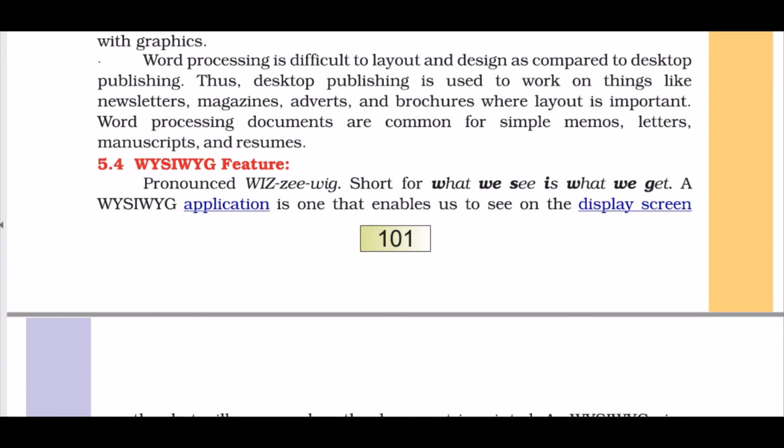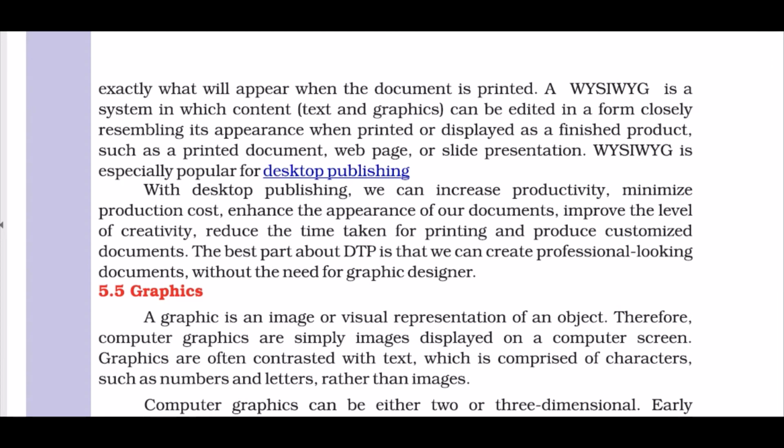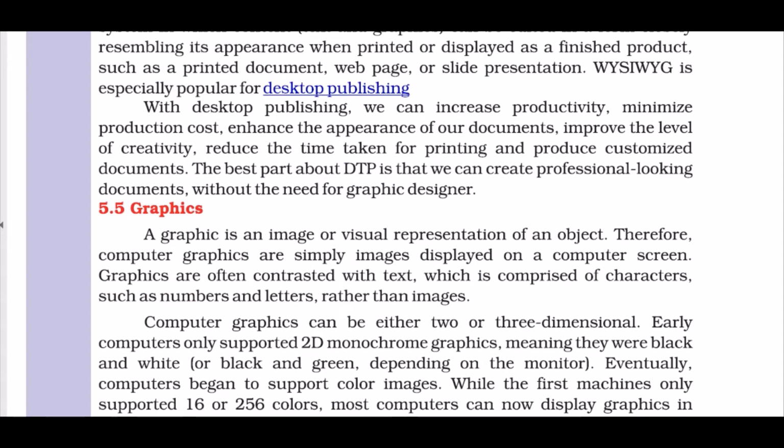What you see is what you get means when you print something or when you design something on a computer in any of these software, the print quality will remain the same on the physical paper as well. That is what you get. What you print, what you design is what you get. Desktop publishing can increase productivity and minimize the production cost.